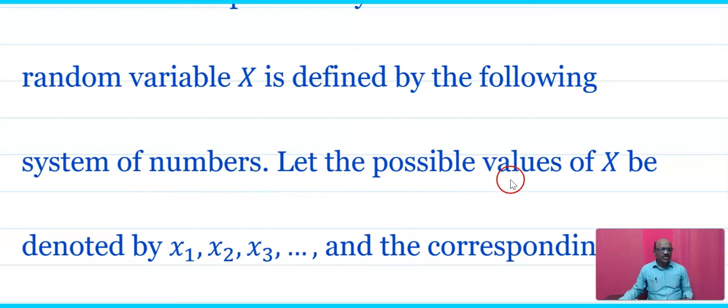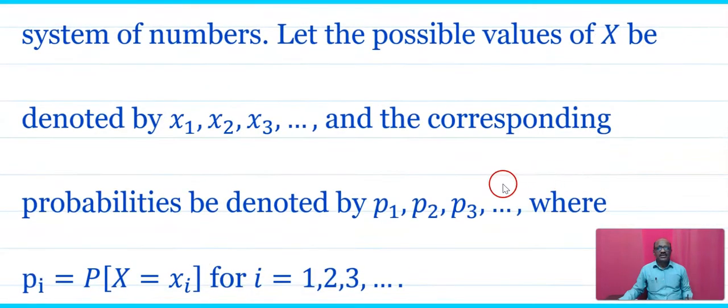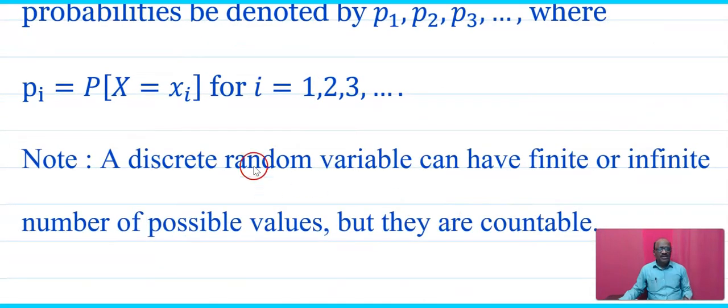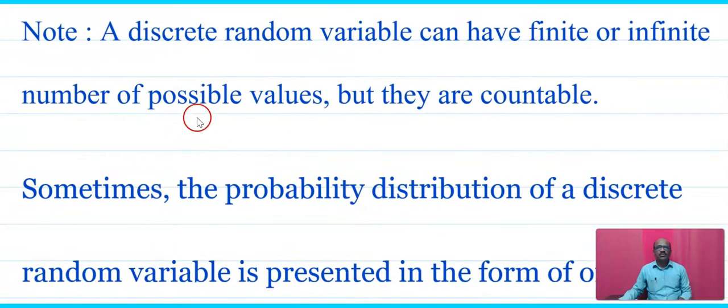Let the possible values of x be denoted by x1, x2, x3, and the corresponding probabilities be denoted by small p1, p2, p3 up to, where pi is equal to P of capital X is equal to xi, where i is equal to 1, 2, 3. Now a discrete random variable can have a finite or infinite number of possible values, but they are countable.